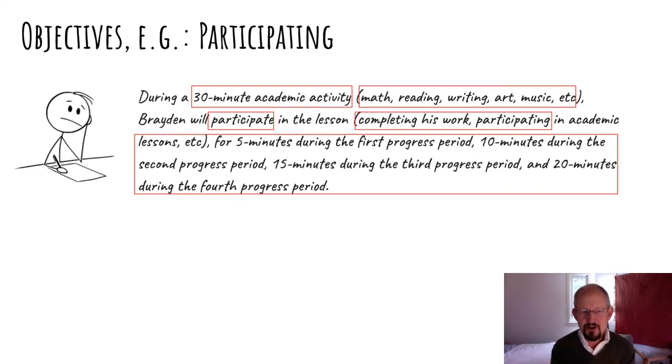We can't be measuring pure duration, in part because 5 minutes out of a 30-minute activity would be very different than 5 minutes out of a 20-minute activity. Certain lessons might have to be aborted or stopped for lots of reasons, right? There are maybe challenges within the school. There's a fire drill, right?